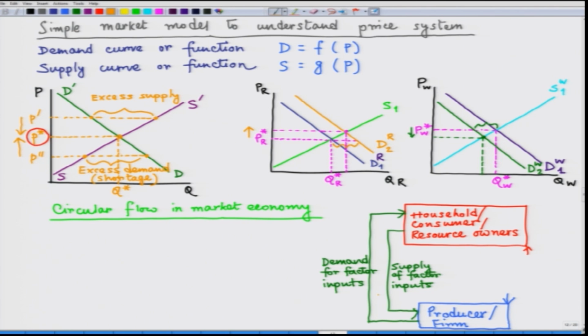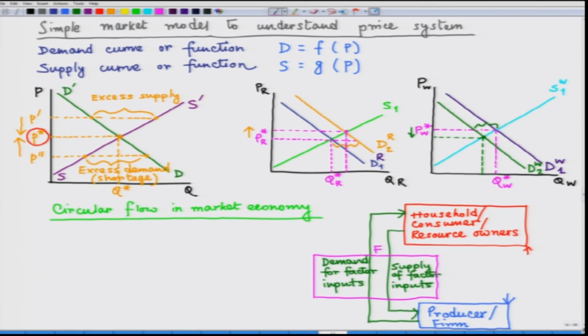Now, a critical question arises, how are these returns to factor inputs or resources determined? So, these are determined through a market, and that market is called the factor input market, where this demand for factor inputs meets the supply of factor inputs and equilibrium price and quantities are figured out.